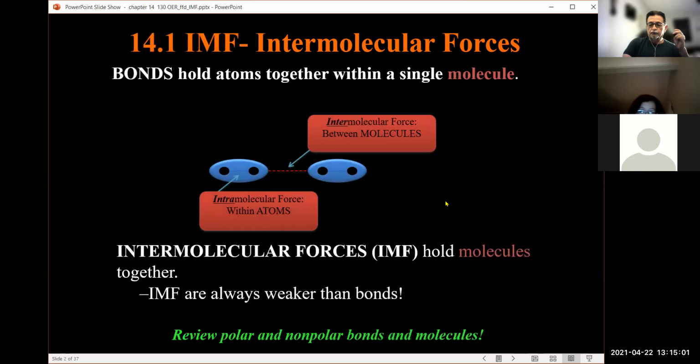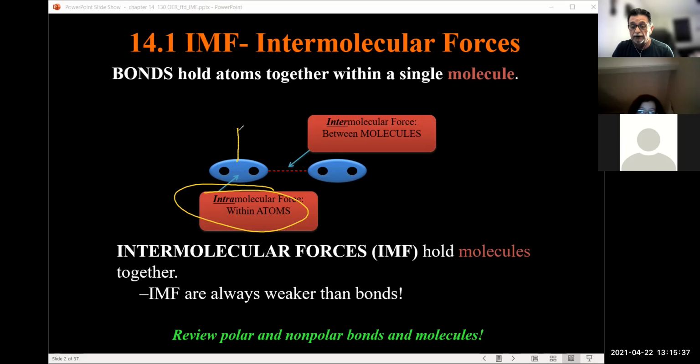So, intermolecular forces. These deal with interactions with other molecules, and are not to be confused with intra, which deals with the actual bond itself.